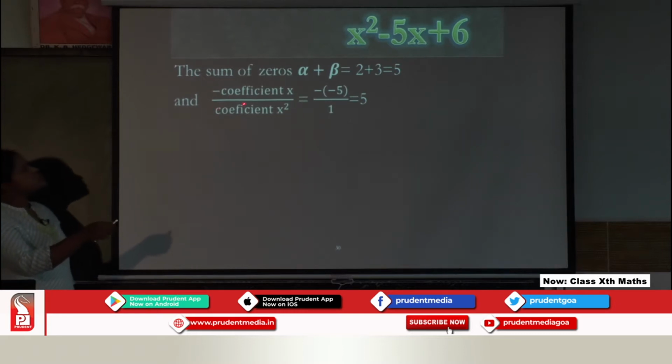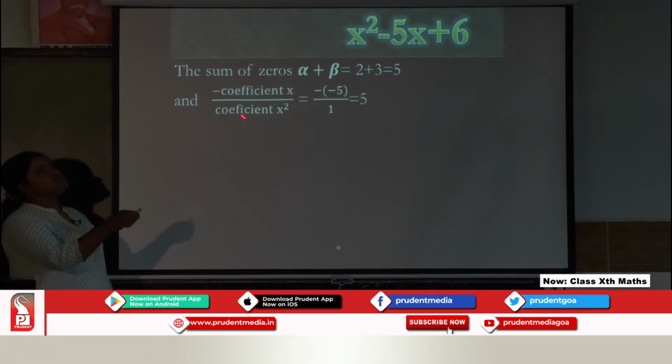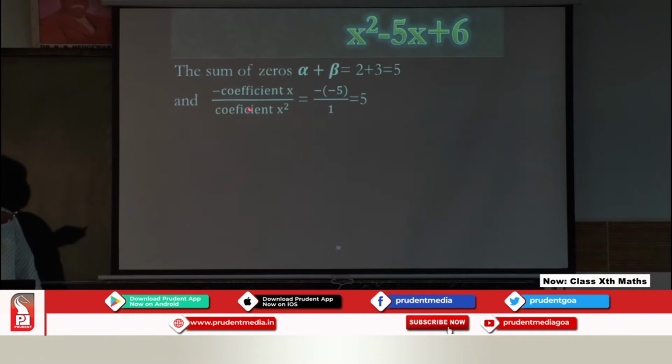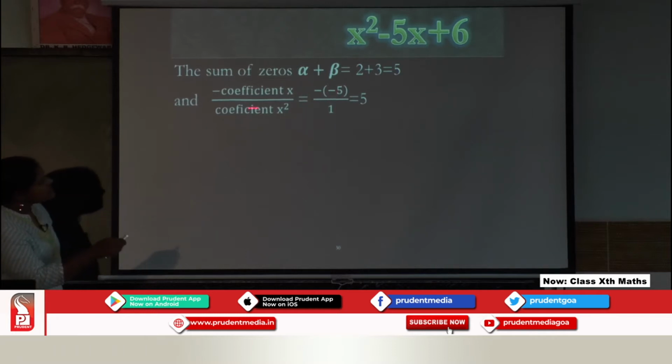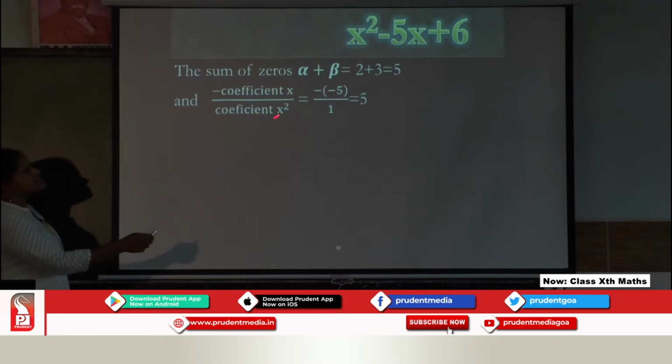So, what is minus coefficient of x upon coefficient of x square? This is the formula for the sum of zeros, that is minus b upon a. So, this minus sign I have written here. What is the coefficient of x? The coefficient of x is negative 5. So, I have substituted here in the bracket negative 5. Then comes the coefficient of x square.